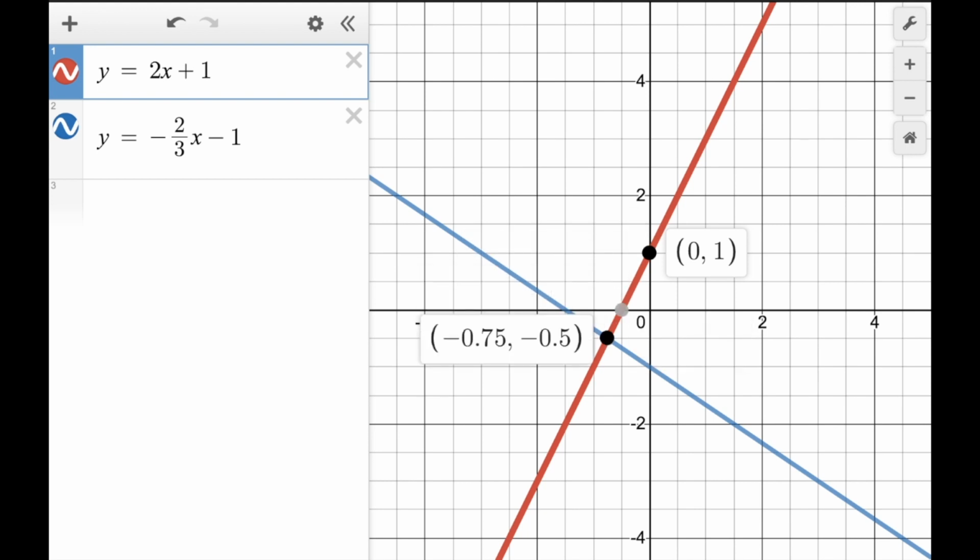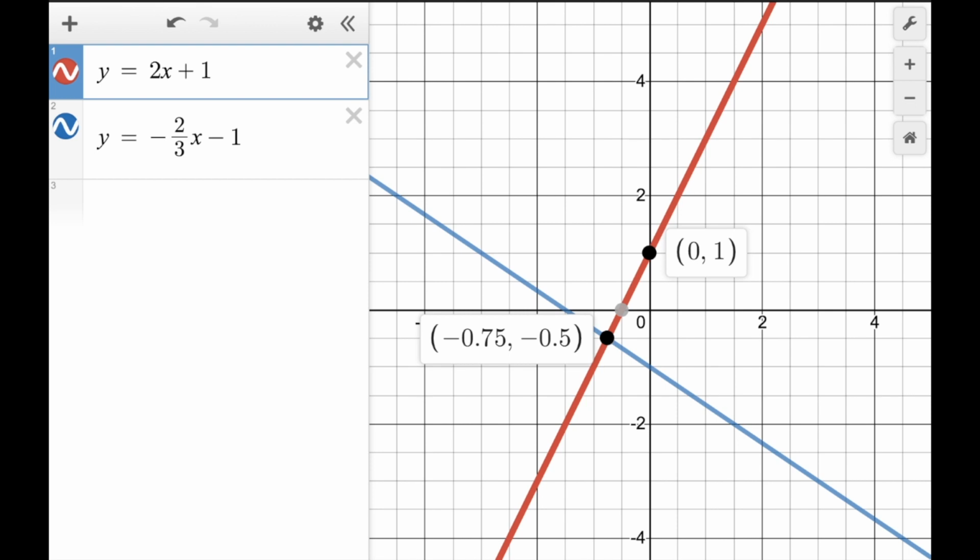The piece that they literally share visually, their intersection. And so we can look here and say, okay, on this graph, these two lines intersect at the point negative 0.75, negative 0.5, or in other words, if you like fractions, negative 3/4 and negative 1/2. And so just by looking at this graph, we can see from their intersection what the solution to that system of equations is.